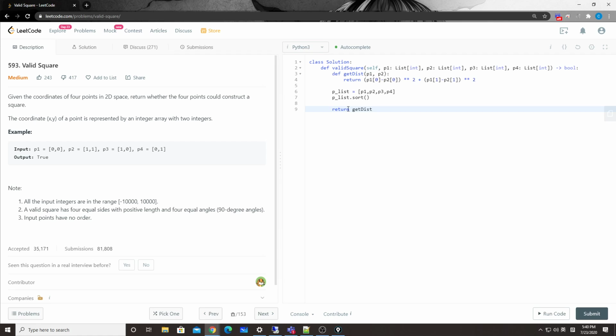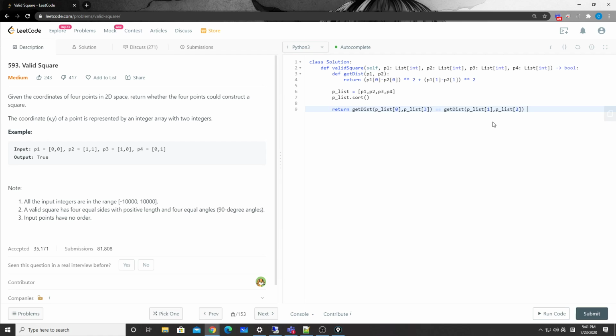We simply return get distance of p list 0 and p list 3, which are the two diagonals, and we compare that to get distance of p list 1 and p list 2, right?